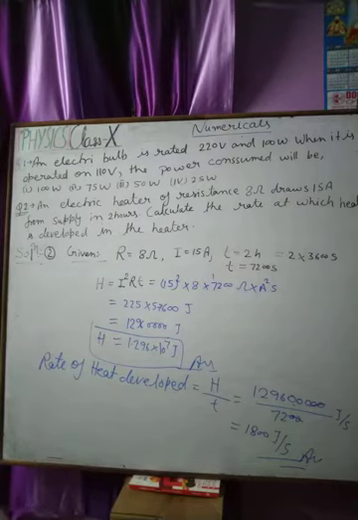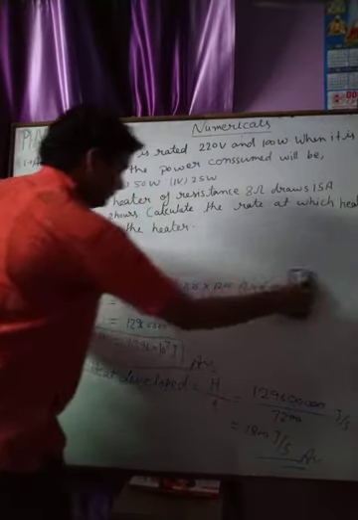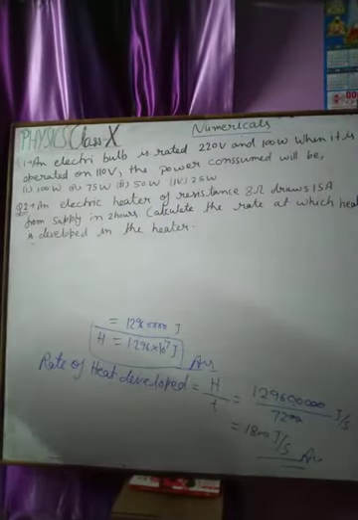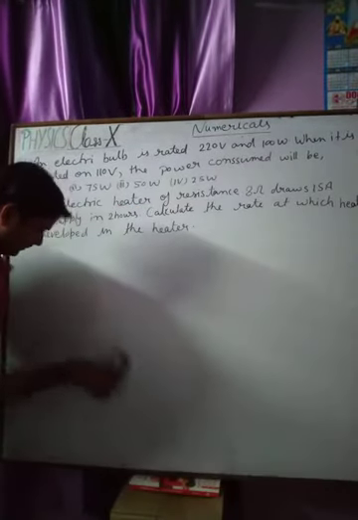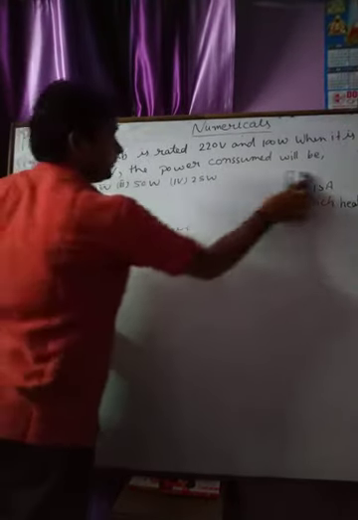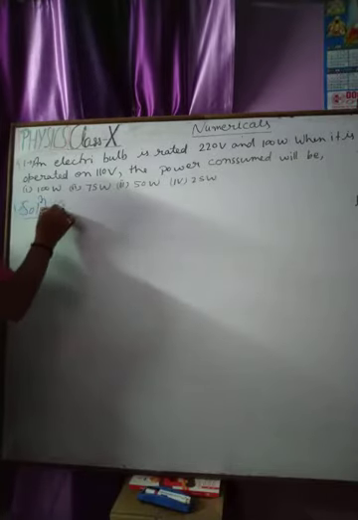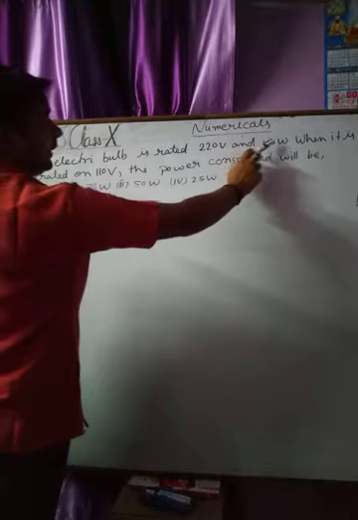Okay, the next numerical is question number 1. Okay students, solution number 1. The question is: an electric bulb is rated 220 volt and 100 watt.